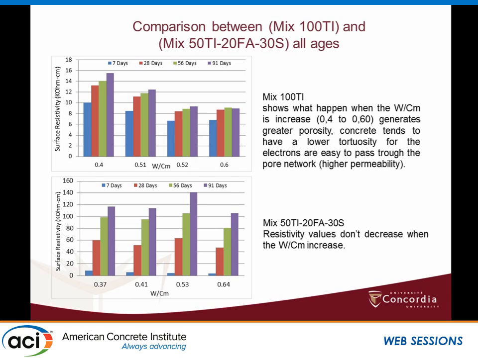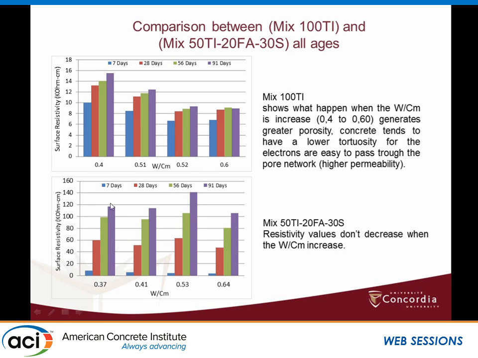And this is something that we observed that was very interesting for us. As you would expect, when you increase the water cement ratio, it is expected that resistivity is going to decrease, because you are affecting the network. But we observed that when you are using slag, or especially slag, it didn't happen.